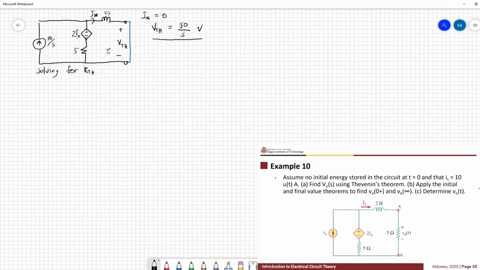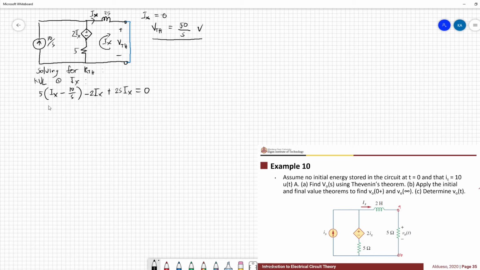Applying KVL at this mesh, we have 5 times Ix minus 10 over s minus 2Ix plus 2s Ix equal to 0.